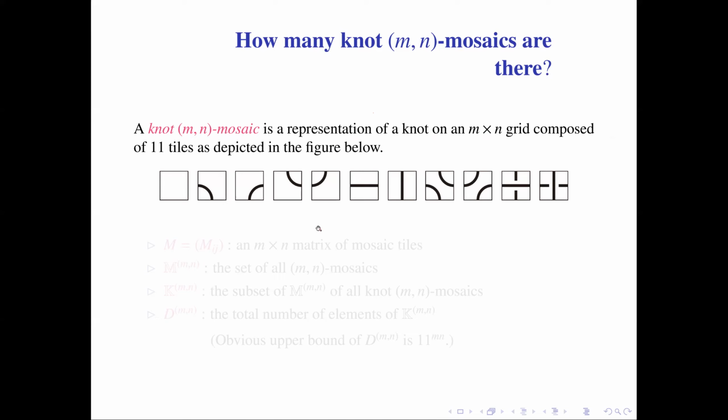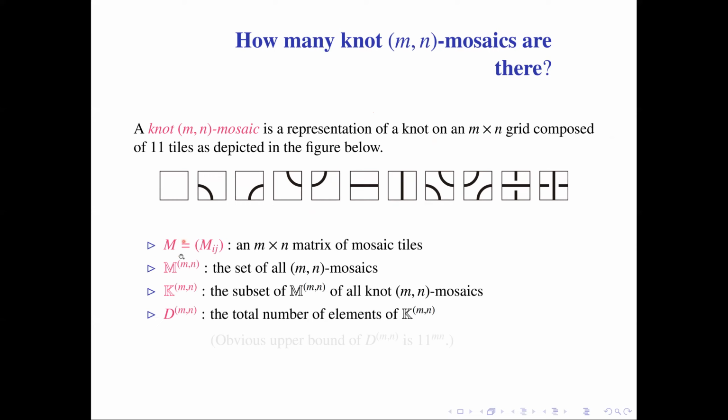Let M be an m by n matrix of mosaic tiles, and bold M to the power of mn be the set of all m by n mosaics. Let K^mn be the subset of the set M^mn of all knot m by n mosaics. Here M means mosaics, K means knot. And let D^mn be the total number of elements of K^mn.